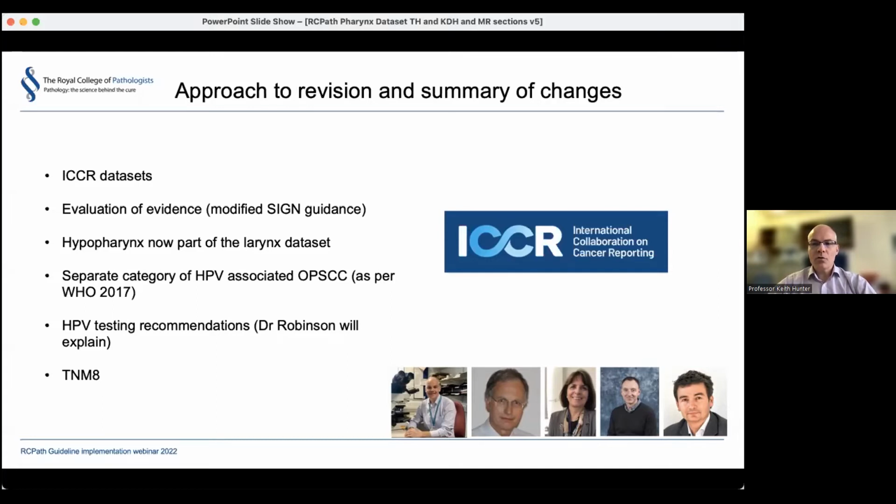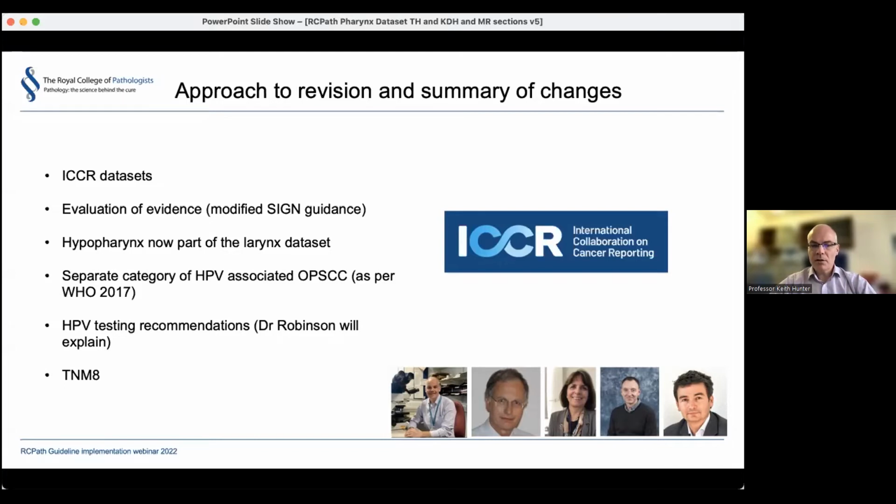We felt that if there was compelling evidence for us to demur from that we should do so, and that we should clearly explain within the RCPath comments section in each of the data items what we were doing and the rationale for that. The HPV testing recommendations are one particular example in that regard. And then there's also the TNM8 issues.